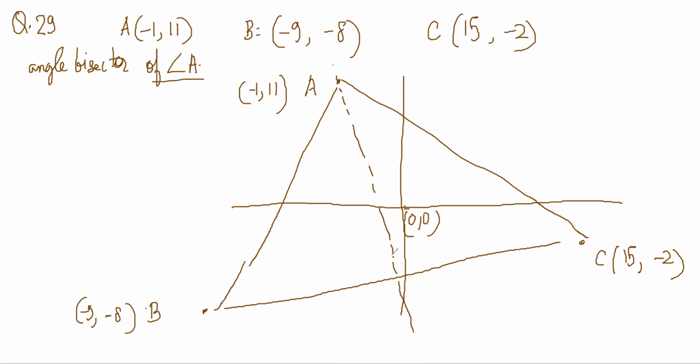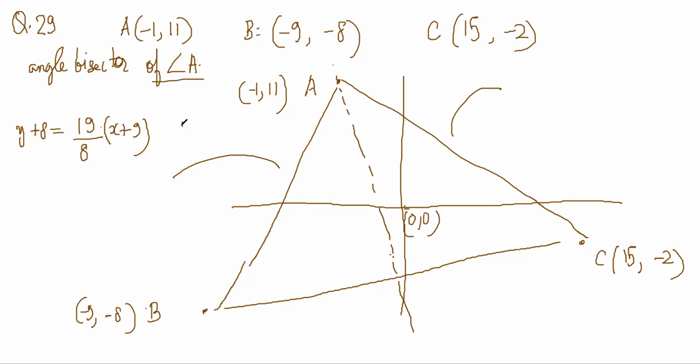So, okay. This AB line and this AC line equations we will need, right? To find the equation of angle bisector of this angle, we need the AB equation. What is the AB equation? y minus (-8), so y plus 8, is equal to (11 minus (-8)) by (-1 minus (-9)), so 19 by 8 into (x plus 9).